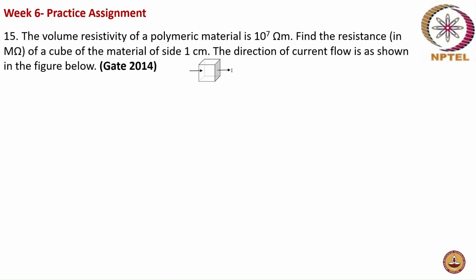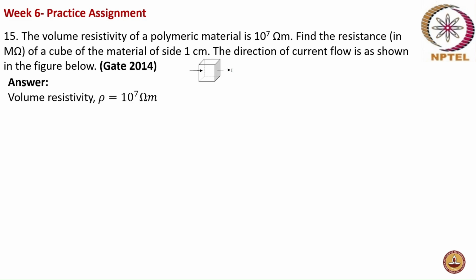There is one direct formula, but I forgot it. You forgot the formula, but that's okay. What are the terms you have to consider here? Resistivity, length, and area of cross section.